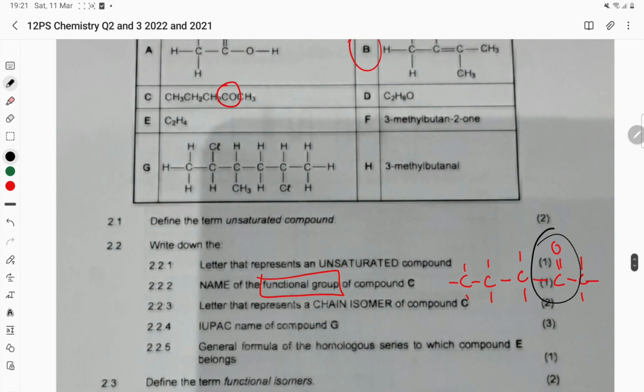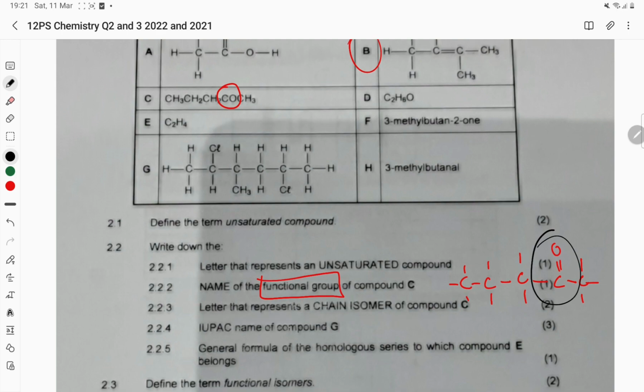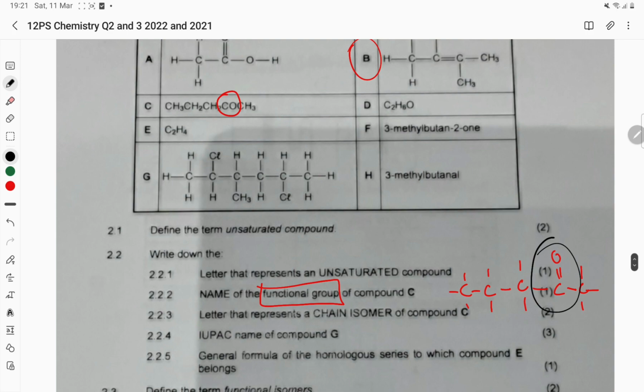Okay, so they want us to find the letter that represents a chain isomer of compound C. Now, this is C. It is pentan-2-one.